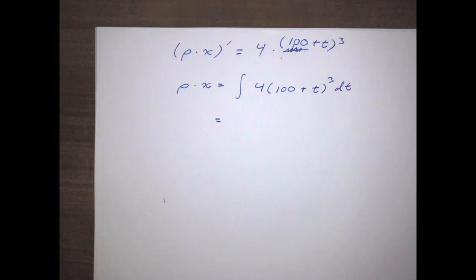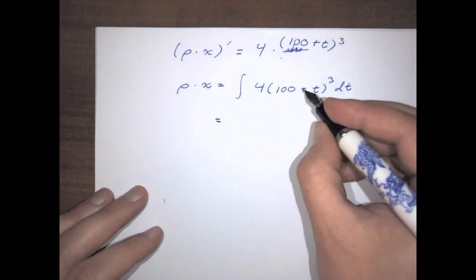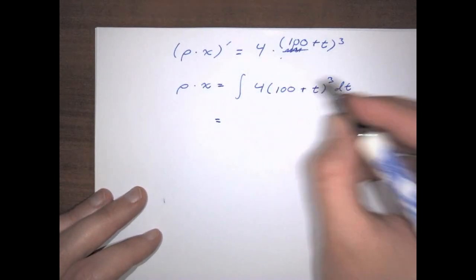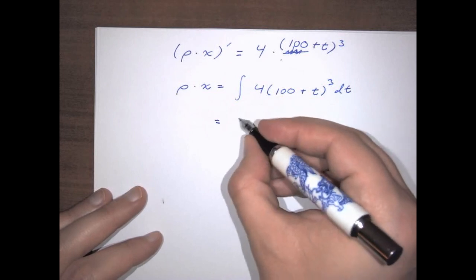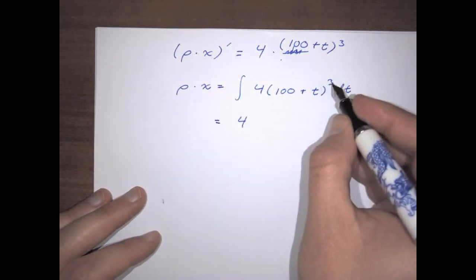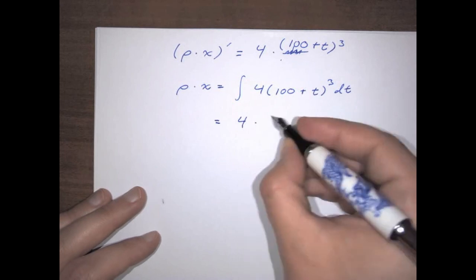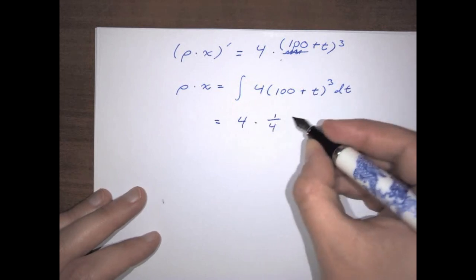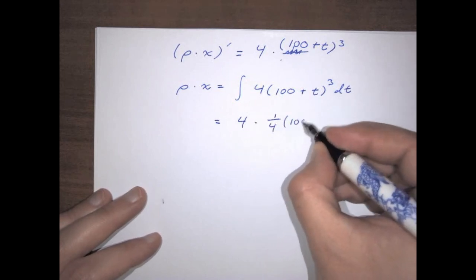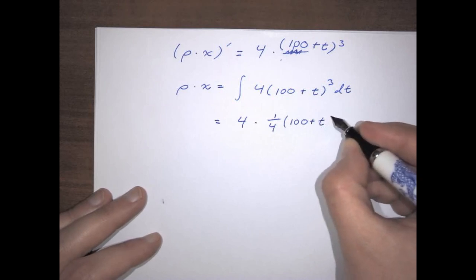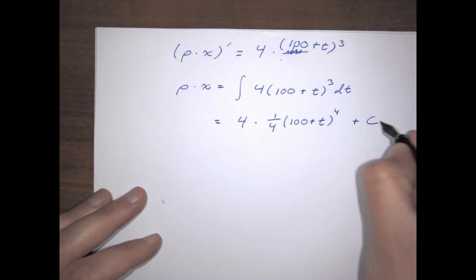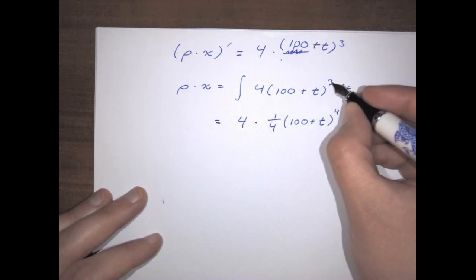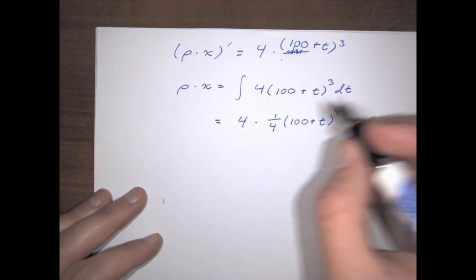And once again, this is going to be a u substitution with a nice u of 100 plus t, and so that's going to give us just 4 times 1/4 times 100 plus t to the 4th plus c. So that's me just adding 1 to this power, dividing by that, etc.